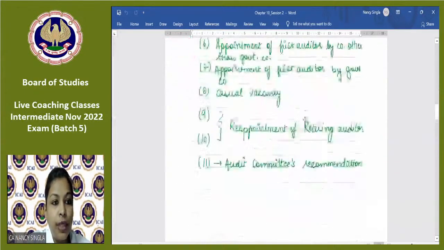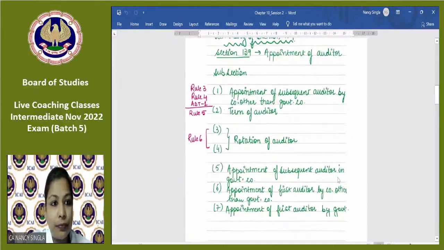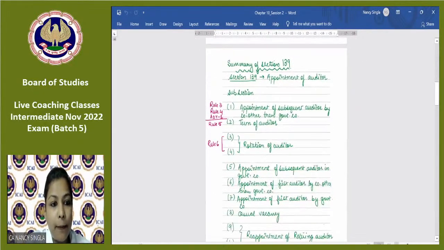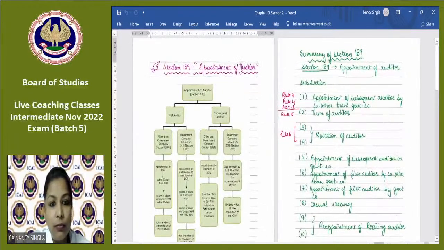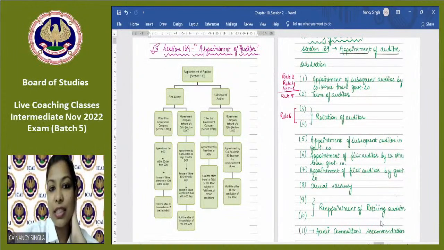See, this is the entire section 139. Are you able to see all the subsections? So section 139, the name of the section is what?